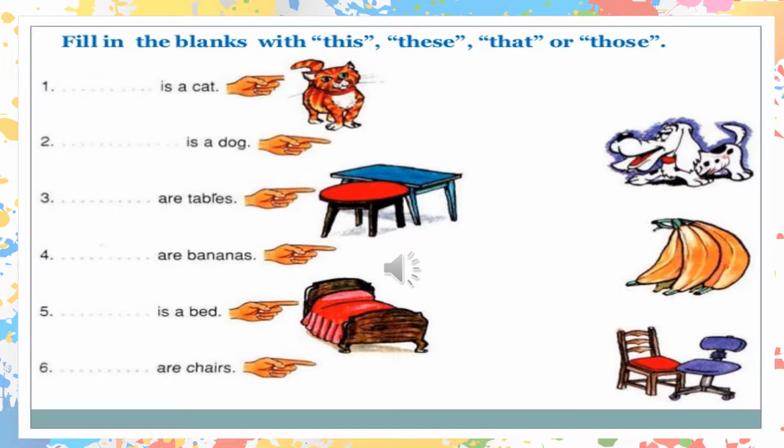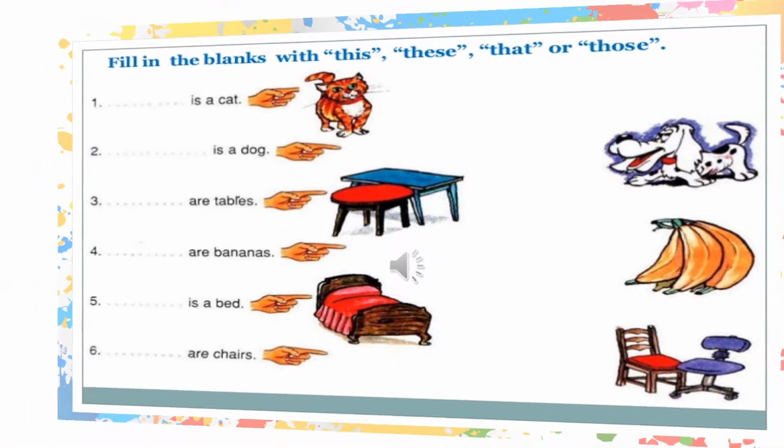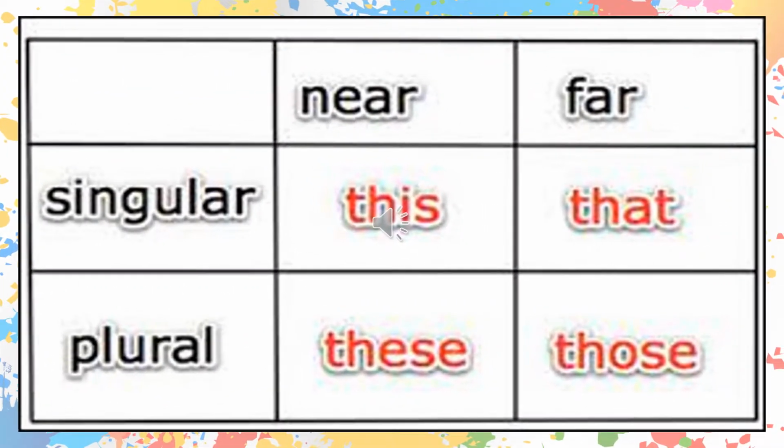So for a closer singular object we have used this. For plural objects, these. And for a far away singular object, that. And for plural objects, those. So what have we learned? For singular near to us we use this. For singular things far away from us we use that.